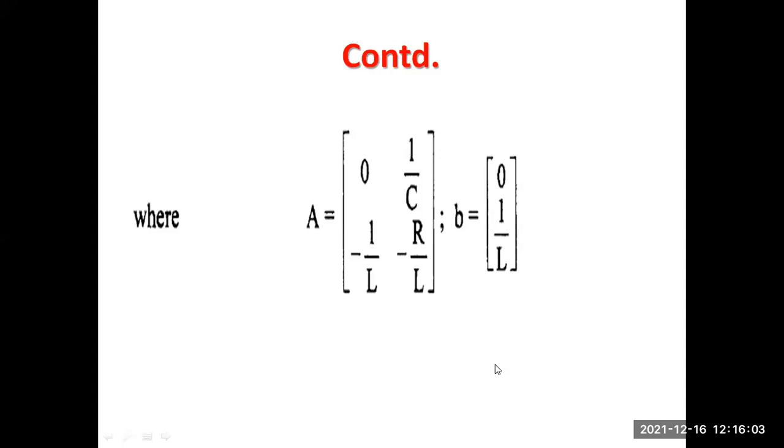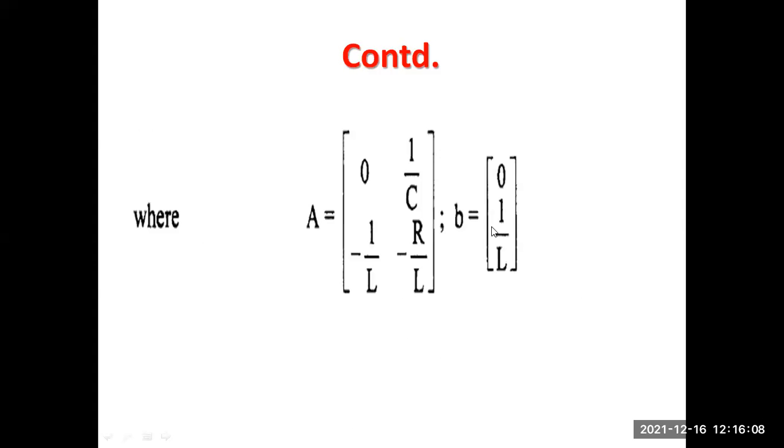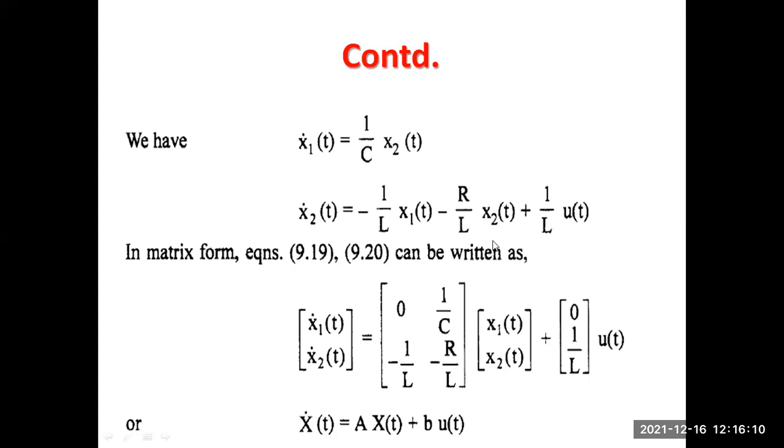Is it clear? So this is your A matrix and this is your B matrix. If you have any doubt, please tell me how to calculate the A matrix and the B matrix.